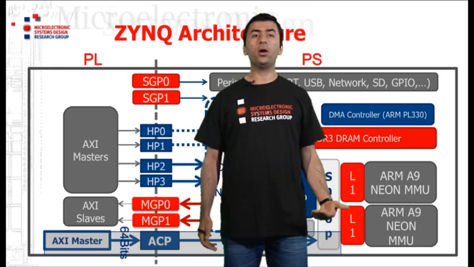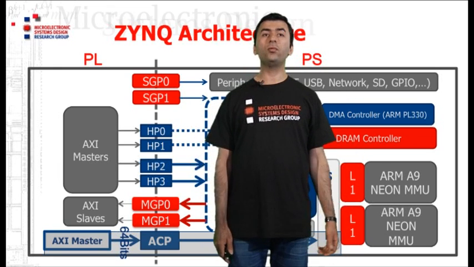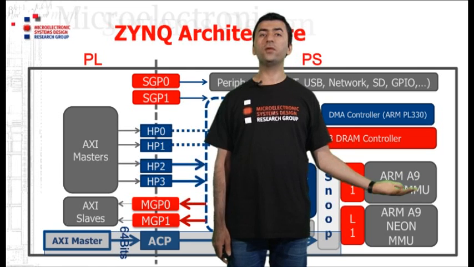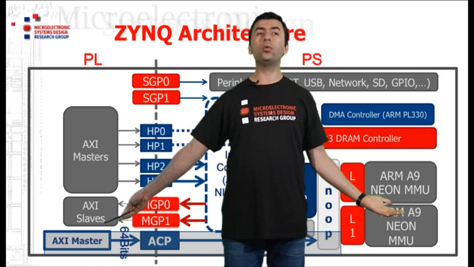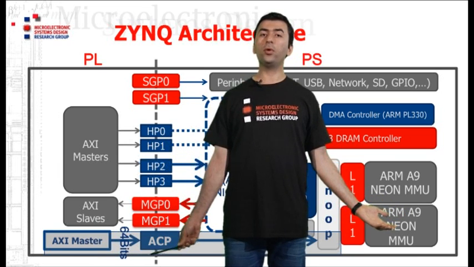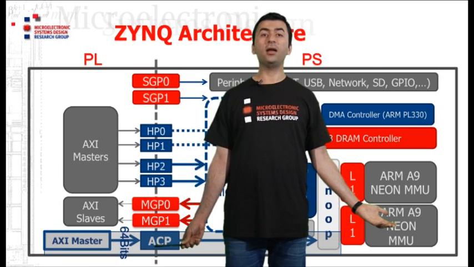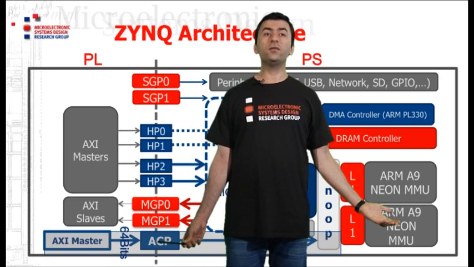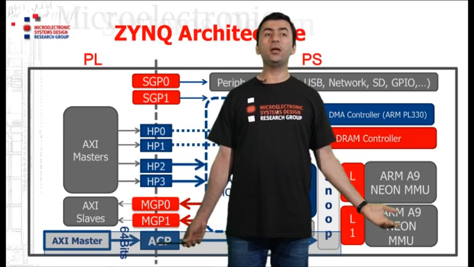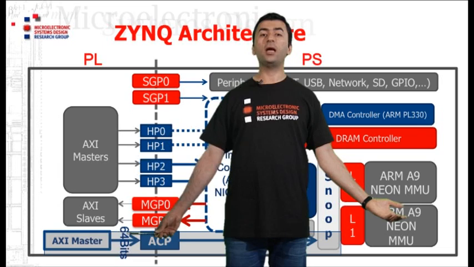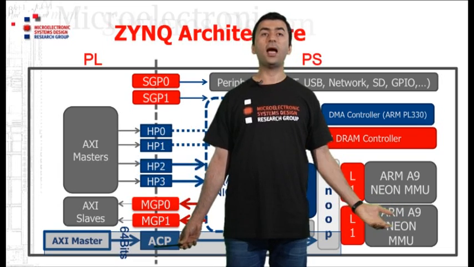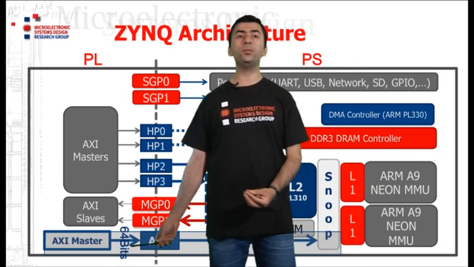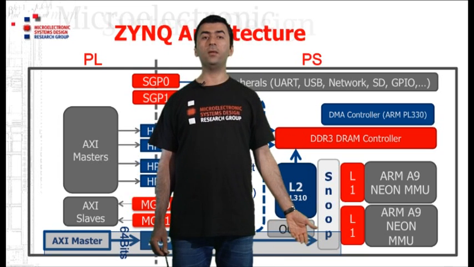Whenever you have a task in which you want your ARM host CPU to cooperate with a hardware accelerator implemented on the PL, then the ACP port can be an extremely useful means. These two components can use the ACP port, and in fact the caches of the CPU, for sharing data.